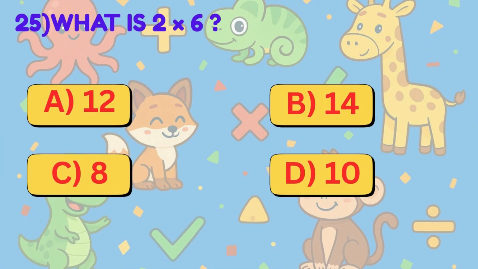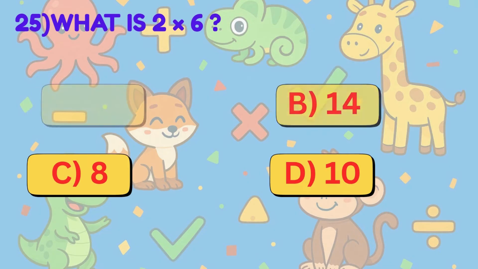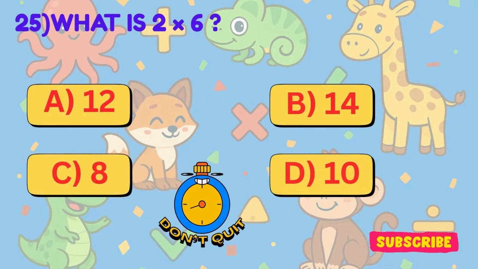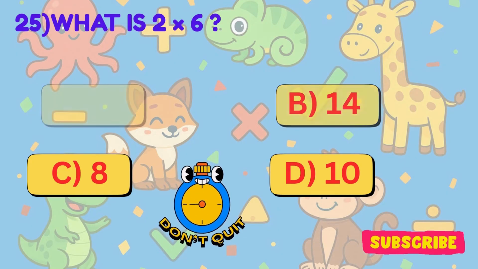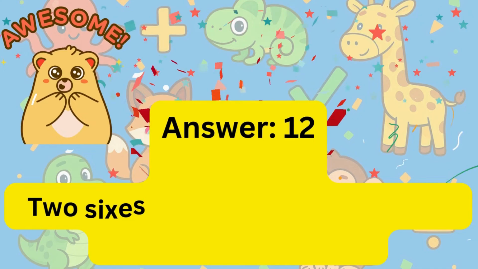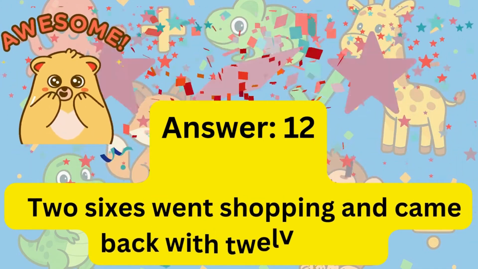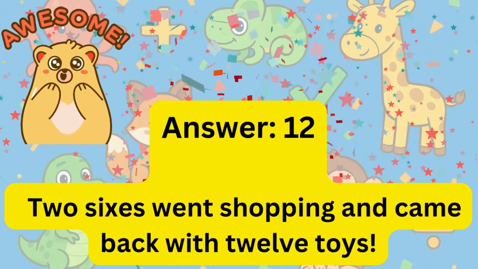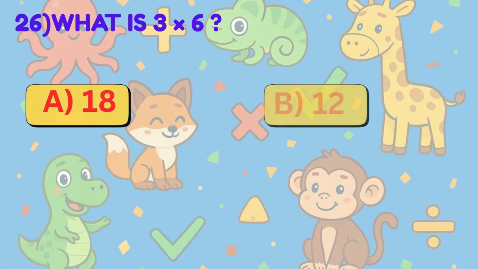25. What is 2 times 6? Is it A, 12, B, 14, C, 8, or D, 10? Correct answer is 12. 2 6s went shopping and came back with 12 toys. 26.